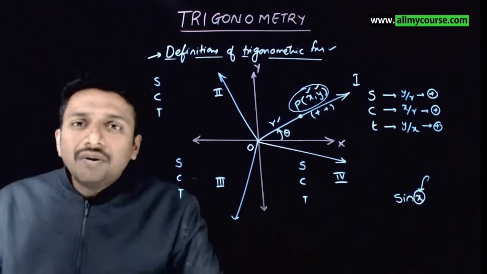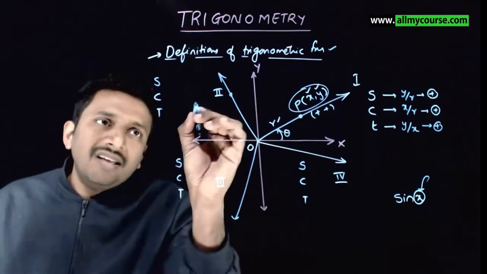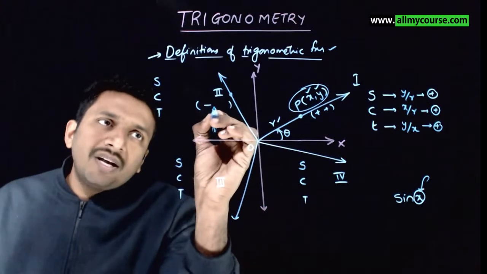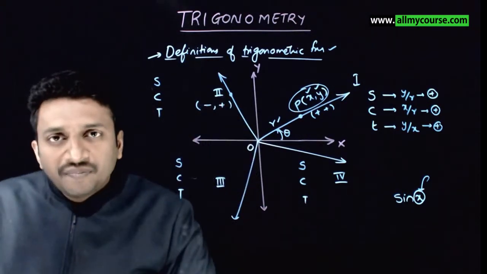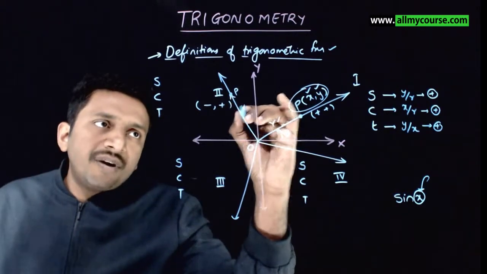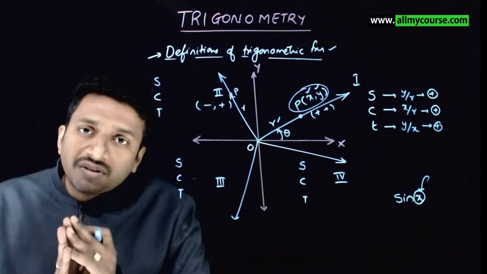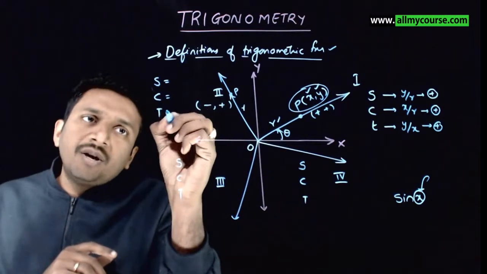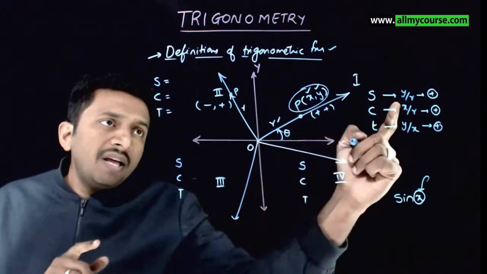Now if you go to the second quadrant, if you take any point on this ray, we know that the x coordinate of this point will be negative and the y coordinate will be positive. And the distance of this point P from origin will always be positive, because distance is always positive. So if you calculate the trigonometric ratios, sine is y coordinate by r.